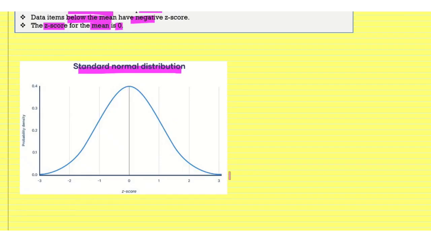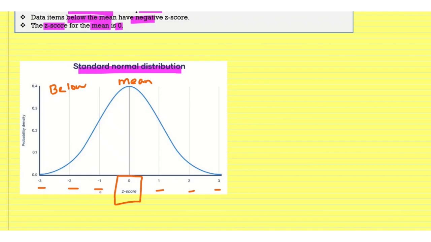Okay, let's look at what we're talking about when we say normal distribution. So this is a standard normal distribution curve. Sometimes people call it a bell curve because it looks like a bell. The z-score right in the middle is 0 because that is where the mean or the average is. These numbers here are negative because they would be below the average, and these numbers on this side are positive.